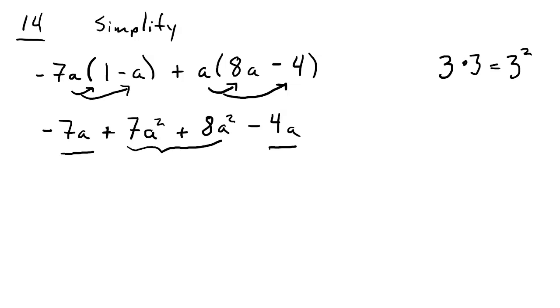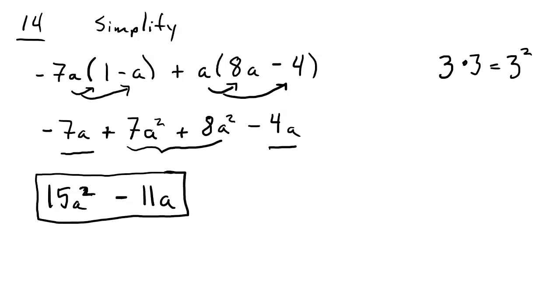So that's just personal preference. 7 plus 8 is going to be 15. So that's going to be 15a squared. And negative 7 minus 4 is going to be negative 11a. And that's fully simplified. That is the answer to our problem.